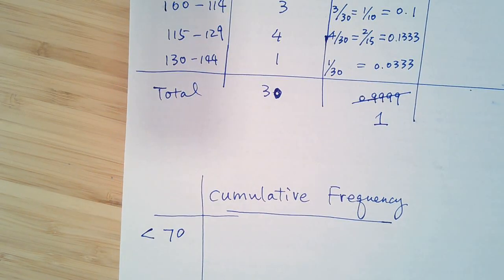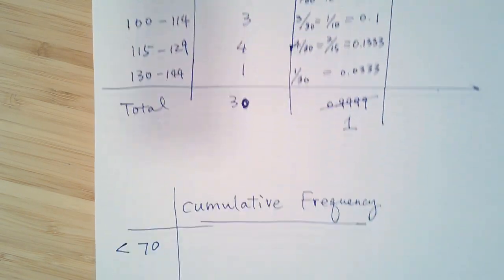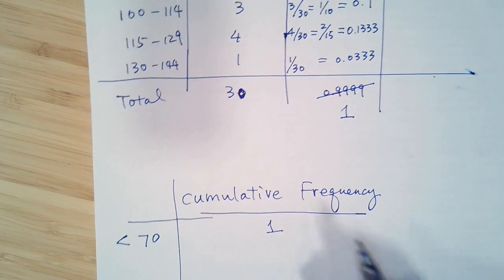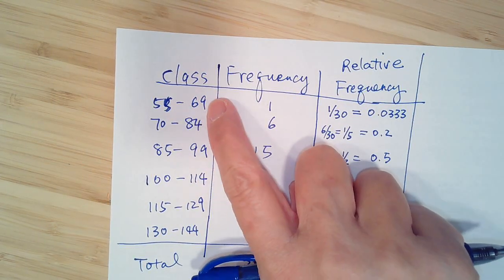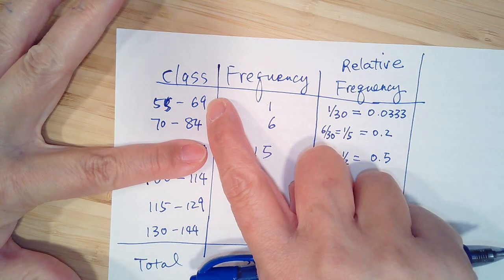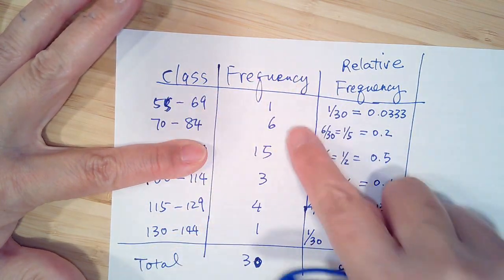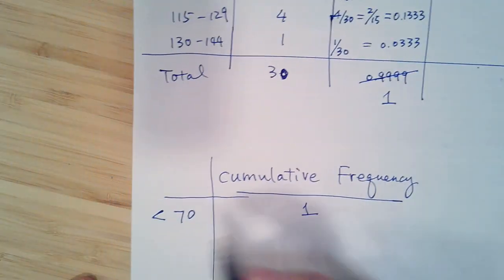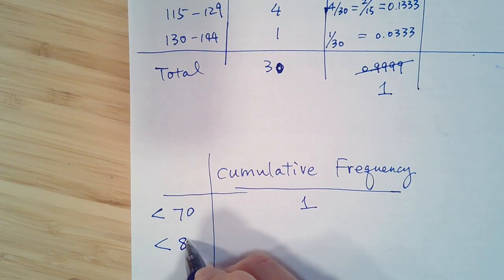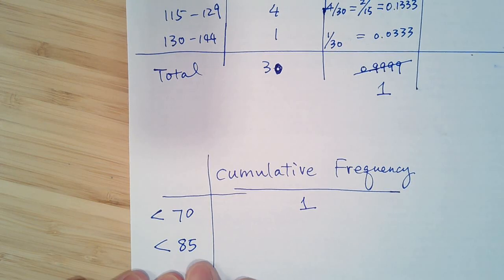Then the next one, this first class is less than 70. If I combine the first two, it's going to be how many numbers are less than 85. So I'm going to put less than 85. Now in this case, less than 85 should be the sum of these two frequencies. So that would be 7.